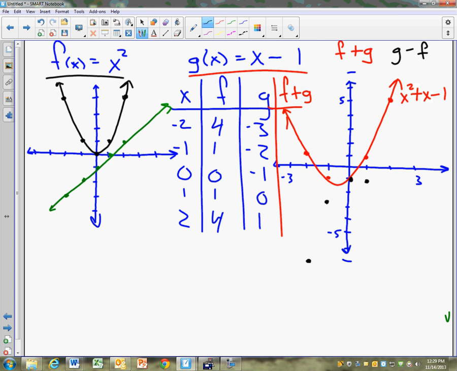So 2, -3 is my point. There you go. So that is the graph of g minus f, which is x minus 1 minus x squared.